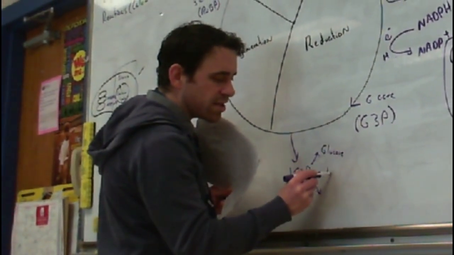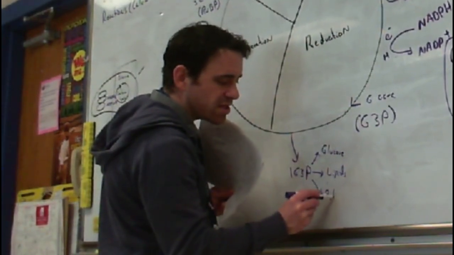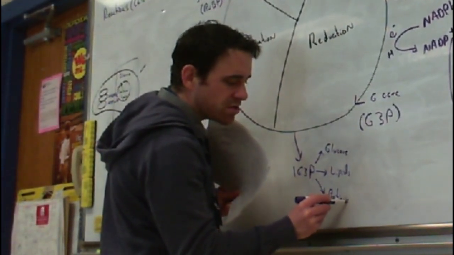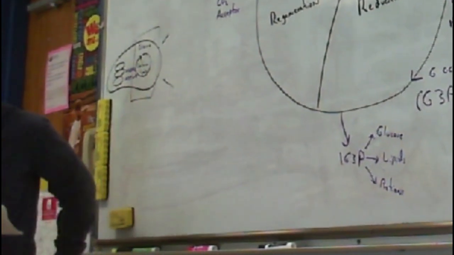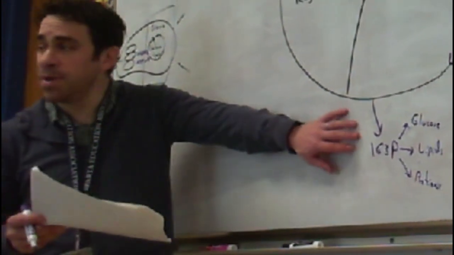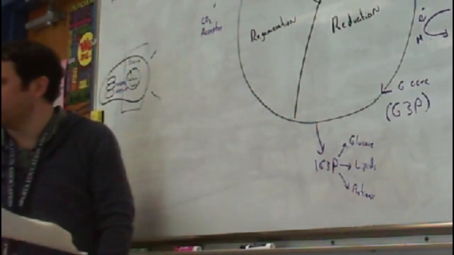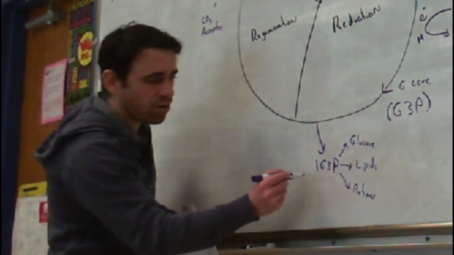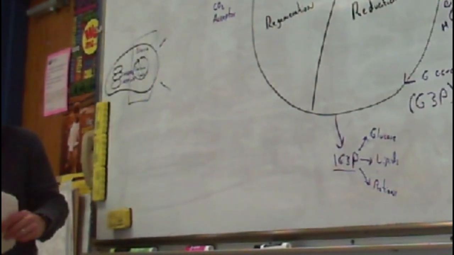It can be used to make lipids. It can even be used to assemble proteins. Remember, plants use this process to make all of their food, including fertilizers they need, obviously, with phosphorus and nitrogen. But the carbon is coming from this process. So they can make a bunch of different things out of it. So G3P is like the raw material that has all the energy that the plant needs.